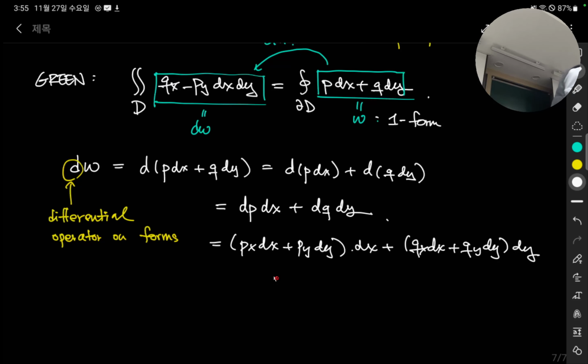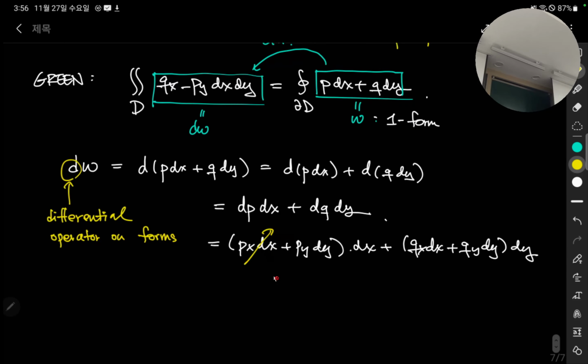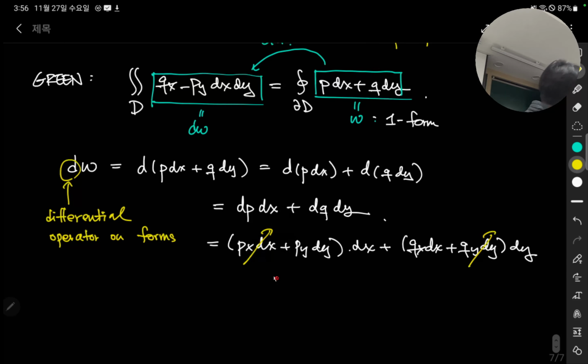But if you multiply Px dx with dx, then you don't have a dy term. It's going to be 0 anyway. Same thing for the second part. dy doesn't give you any volume or area. So only this one survives. So we have Py dy dx plus Qx dx dy.